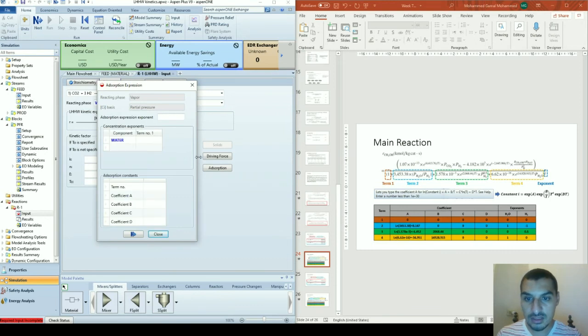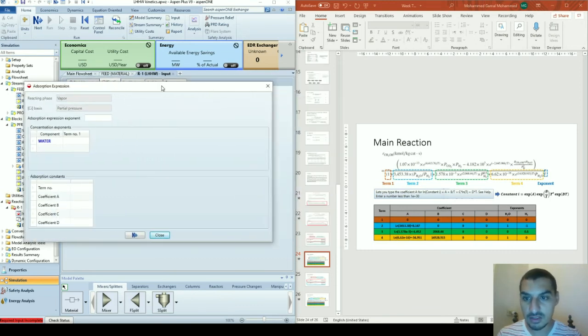It misunderstands the enter button here, so I'll try not to press enter. For term number 1, I have 4 terms here, the brown, blue, green, and yellow, and I have 0 for each one of them. And for term number 2, the exponents for water is 1 and hydrogen is -1.